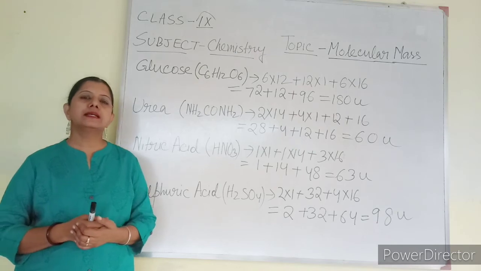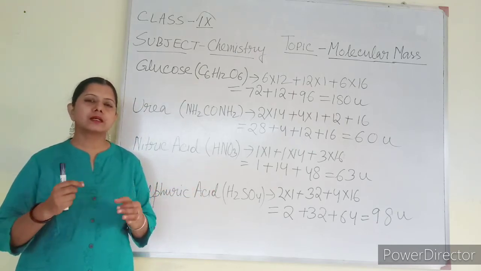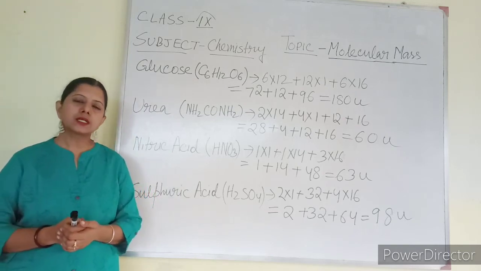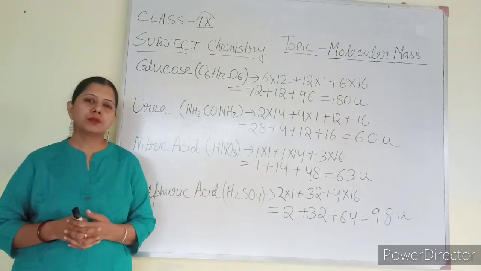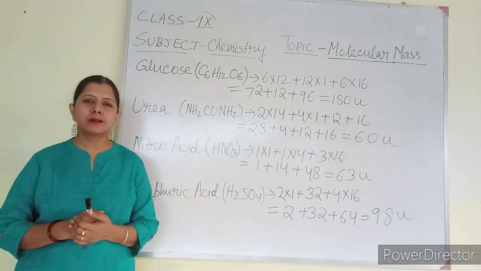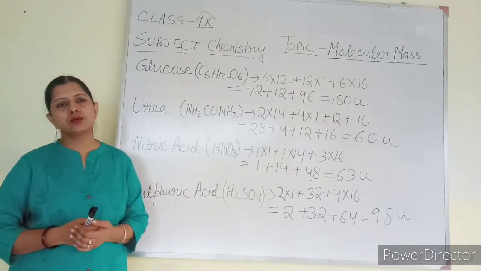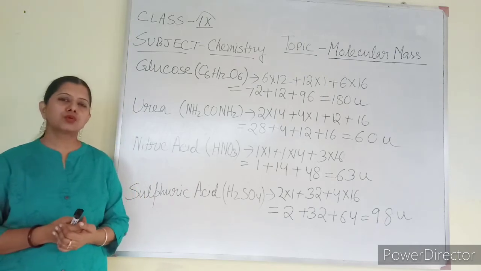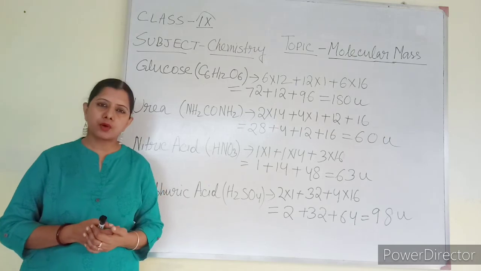But still hints should be given, because if these terms come, you should know something about that. So just remember that formula unit mass is for ionic compound and molecular mass is for covalent compound. If you don't know, then also no problem, because the procedure for finding molecular mass and formula unit mass is the same. In this way only you have to do the calculation and you will get the answer. So I hope you have understood it properly.